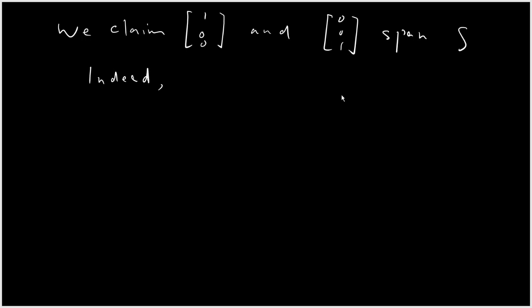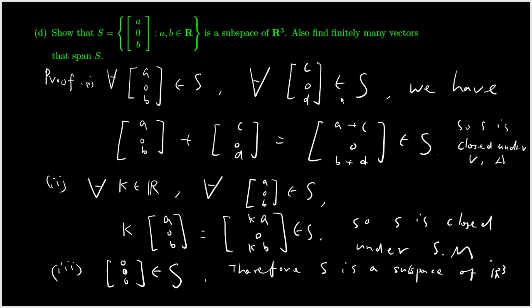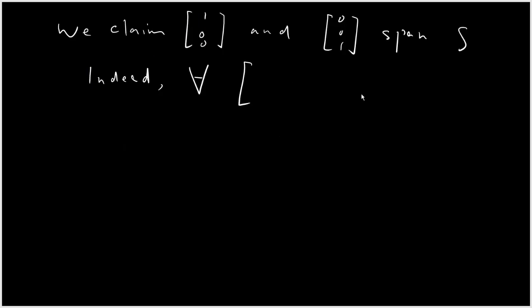Indeed, the part is to prove the claim. Indeed, we choose an arbitrary vector from S, any vector in S. Now look at the definition of the vectors in S. The first component can be any number, the third component can be any number, the second component has to be 0.